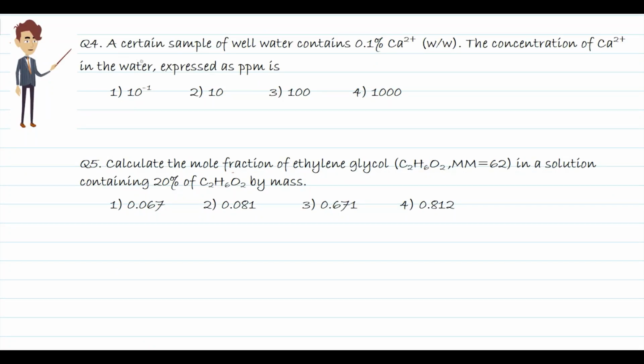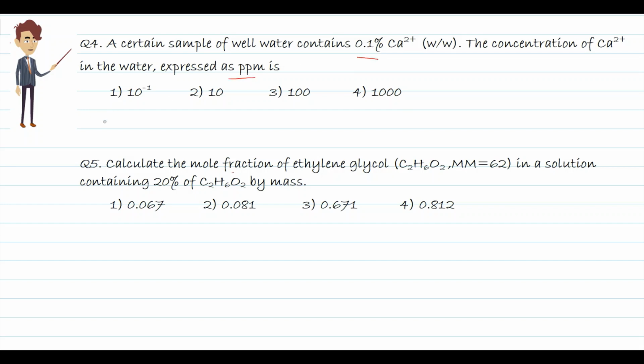Next one, a certain sample of well water contains 0.1% calcium ion. The concentration of calcium ion in the water expressed as ppm. So in this case we have to convert percentage concentration into ppm.